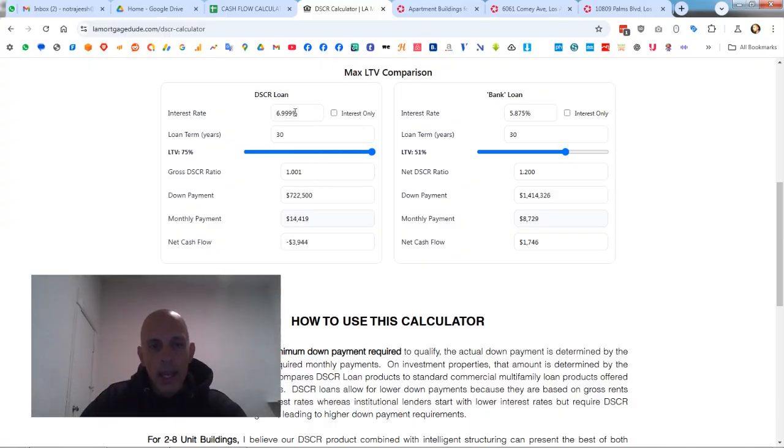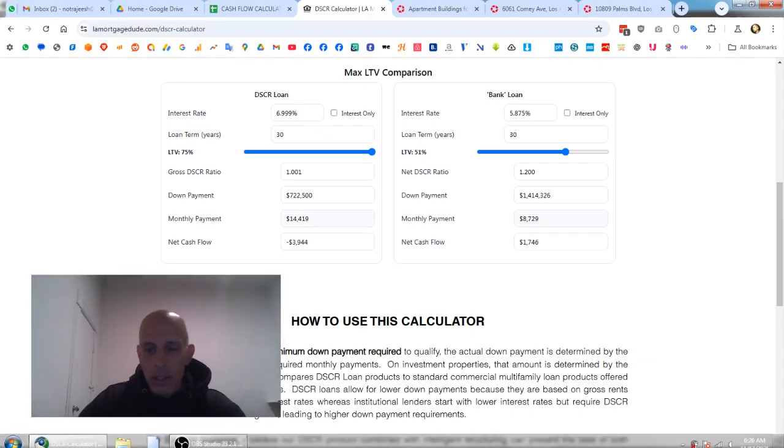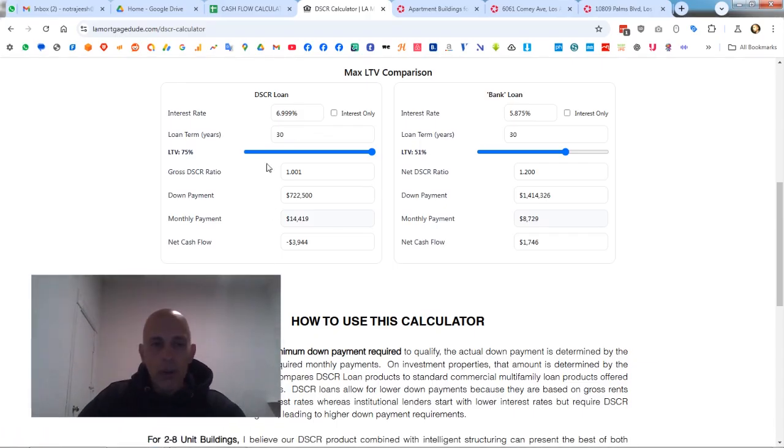Normally, for anything 1.2 or higher, you can get a par rate, which means you do not have to buy the interest rate down to get it. It's 6.999% as of right now, and today is November 17th, 2025.